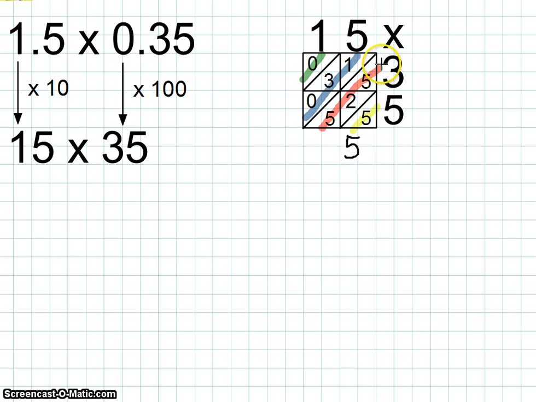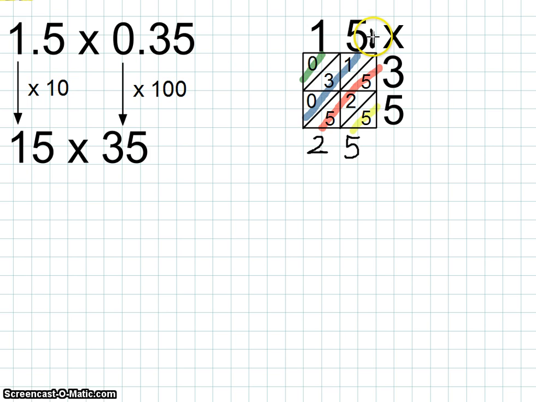How about the next diagonal line? Well, we got 3 numbers: 5, 2, and 5. 5, 2, and 5 all added together would be 12, because 2 5s is 10 plus 2 is 12. So we can write the 2 here for 12, and then the tens, the 1 ten, will be carried over to the next line.